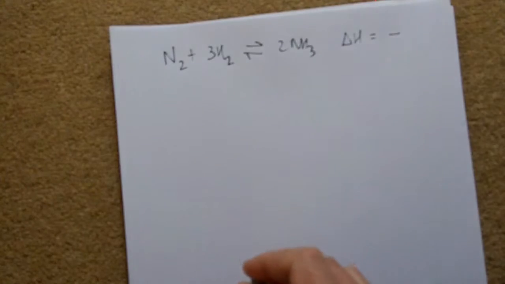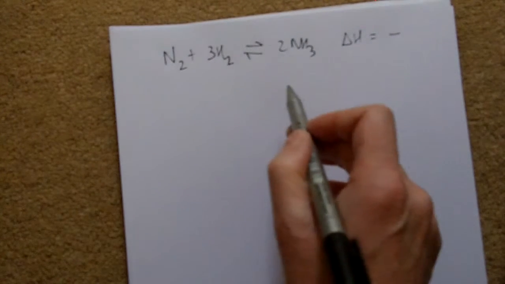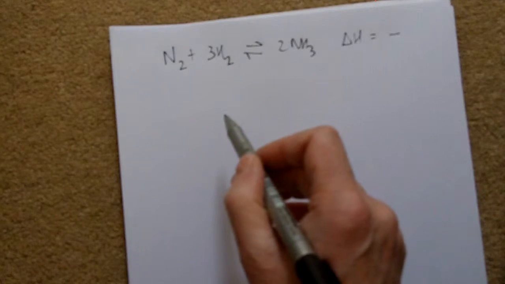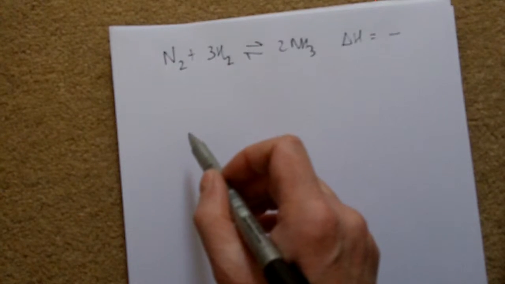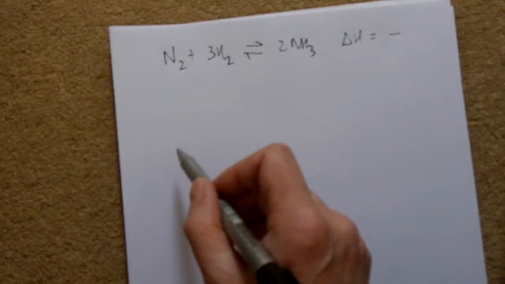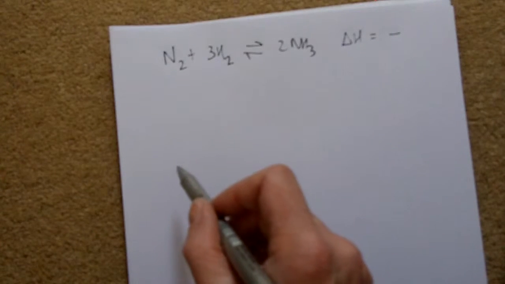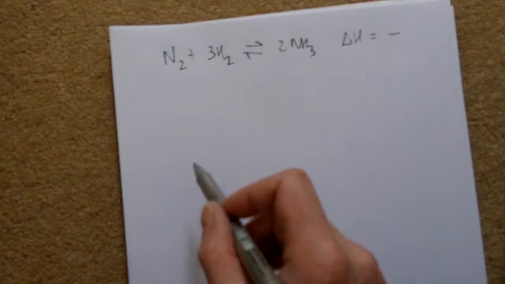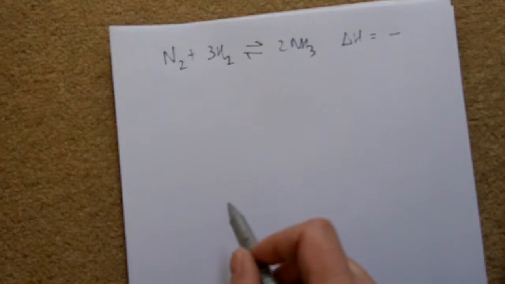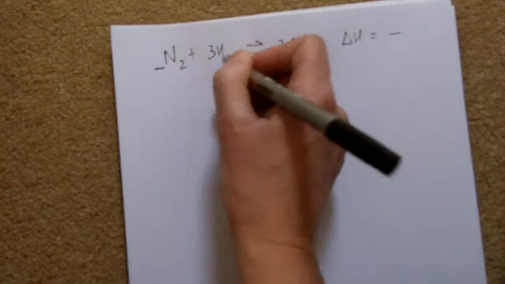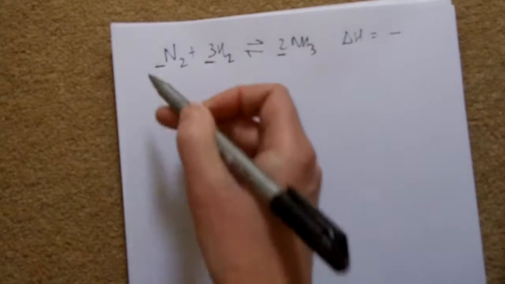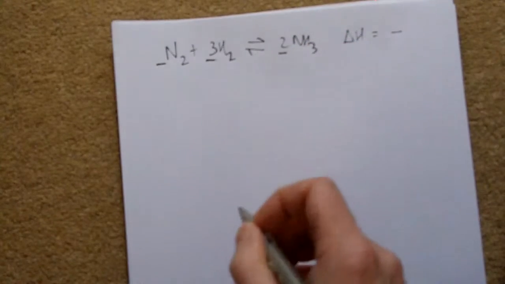If you change the concentration of something, that is a one-off change, not in equilibrium. The position of equilibrium moves to restore the equilibrium, but it will come back to the same equilibrium position because this is a fixed ratio, 1 to 3 to 2.